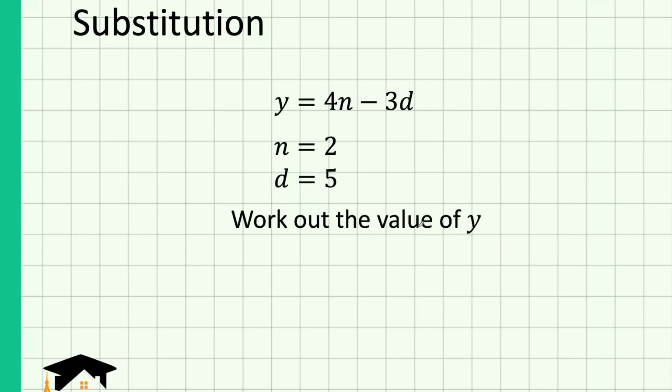Now we have to work out the value of y when n equals 2 and d equals 5. So wherever it says n, we have to put the value 2. And wherever it says d, we have to put the value 5.